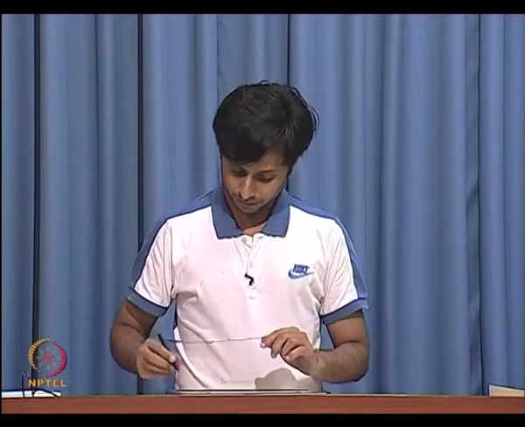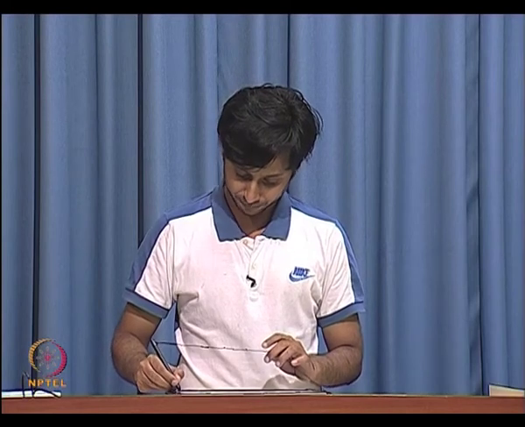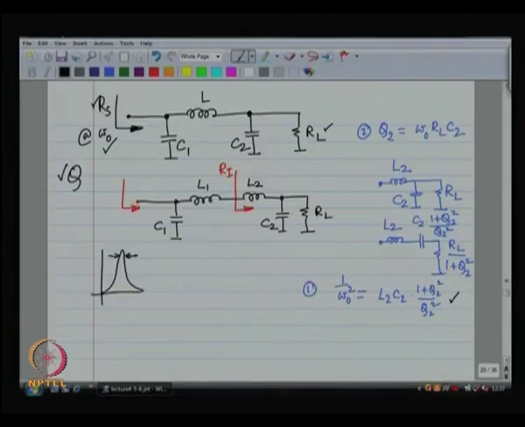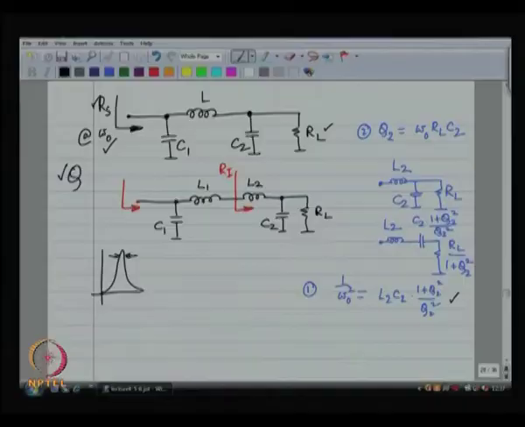Okay. So, let us do a brief recap of what we did. We basically started off with the pi match circuit, and we broke up the inductor into two pieces, L 1 and L 2. First we were stepping down the resistance, then we were stepping up the resistance.